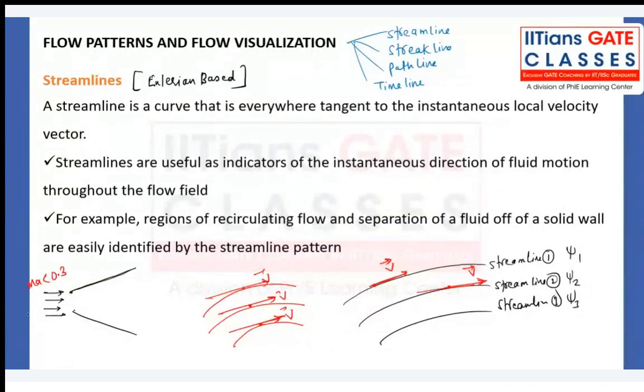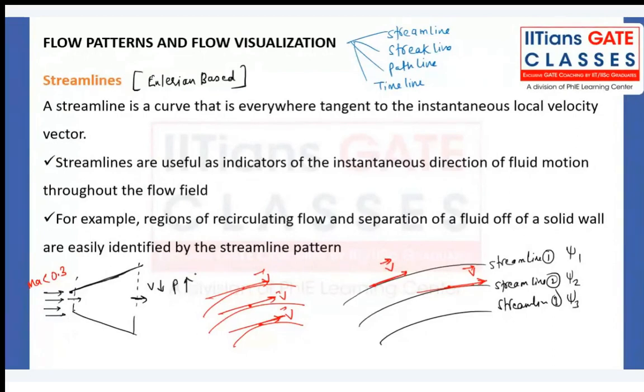But for an incompressible flow, whenever the area increases, will velocity decrease or increase? Compared to the inlet velocity, my exit velocity will be lesser, and my pressure will be higher.